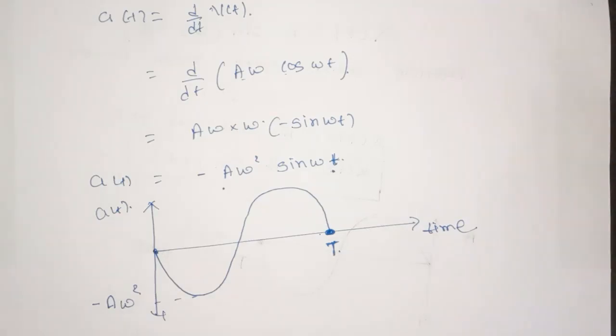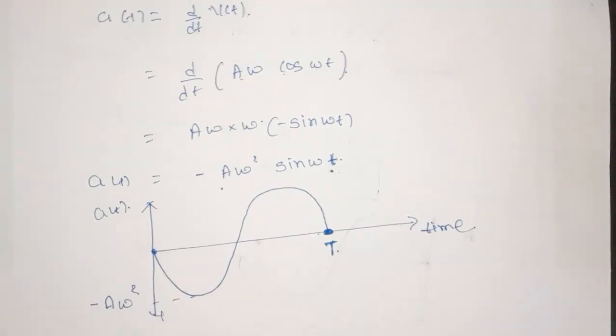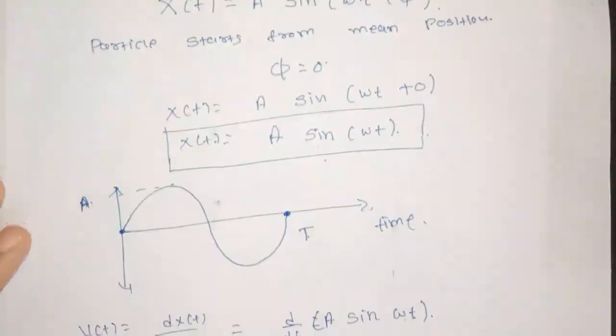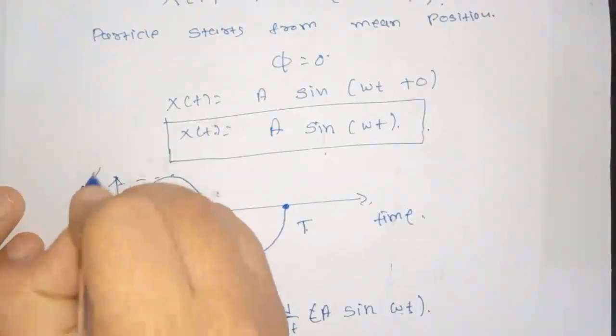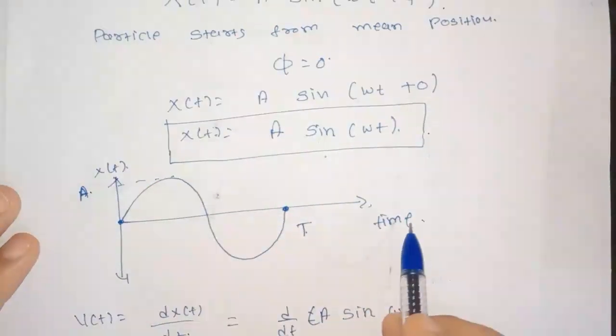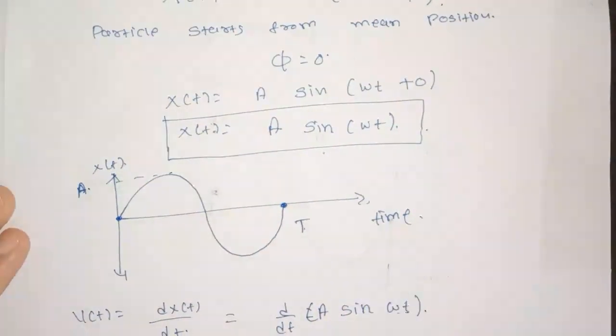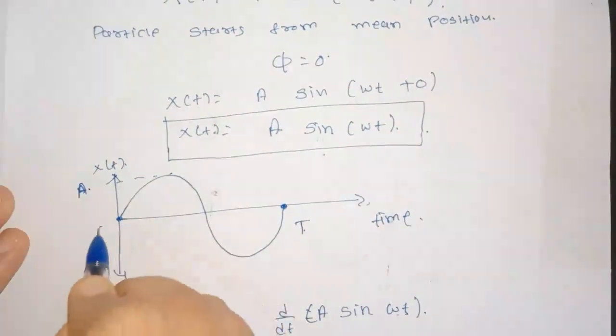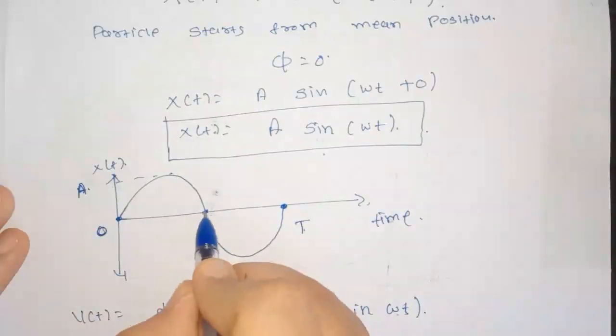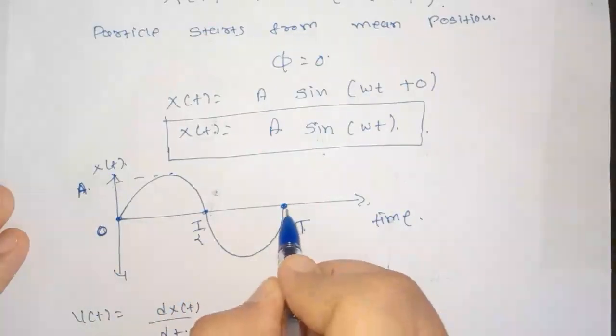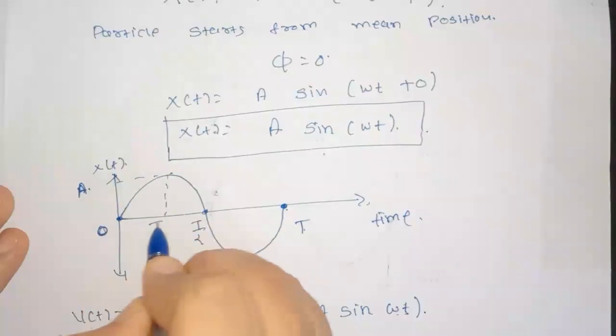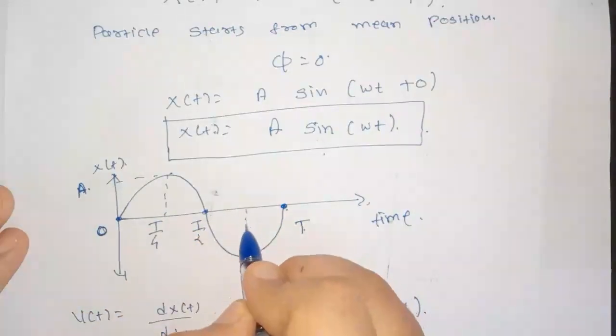Now let us compare them and let us observe them. First we will see the position time graph. This is x of t versus time graph. Here we can see this is t equals 0, this is T by 2, and this is T. This time is T by 4.